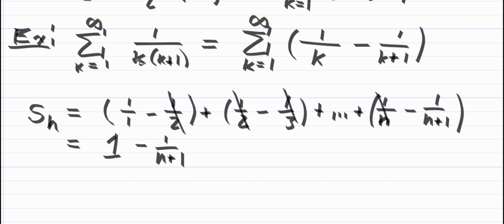And so I know that this will actually be 1 as n approaches infinity, because I know that this term will go to 0. And so I have this relatively complicated sequence, and I know that it has a limit. I can actually calculate it, and that is pretty interesting.